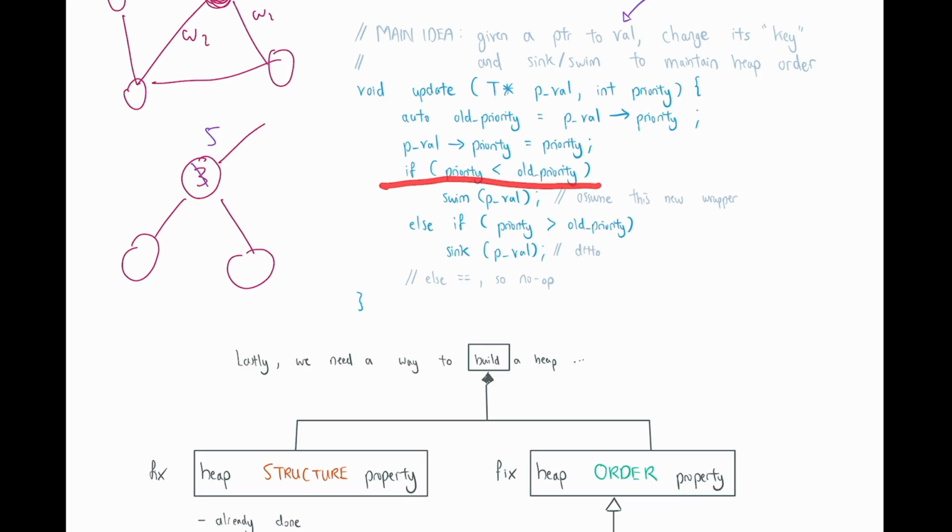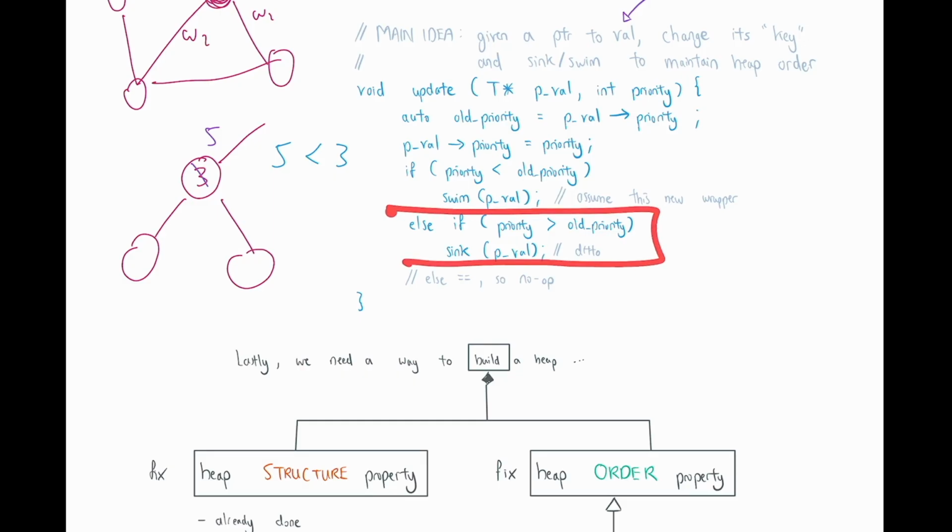If the new priority is less than the old priority, so basically we are checking if the new priority 5 is less than the old priority 3, which is not true. So we will check this other thing: if it is greater than, and in fact it is greater, then we will sink it.